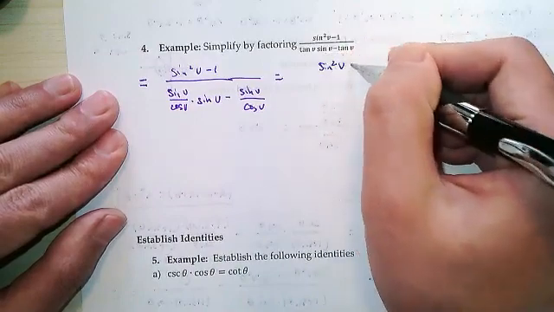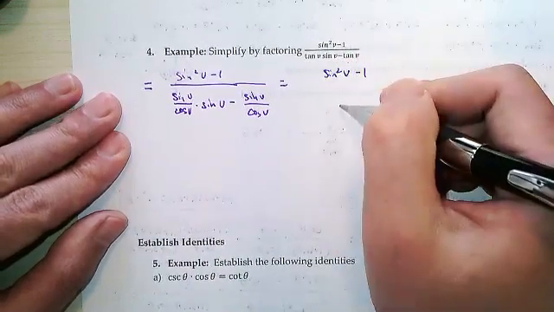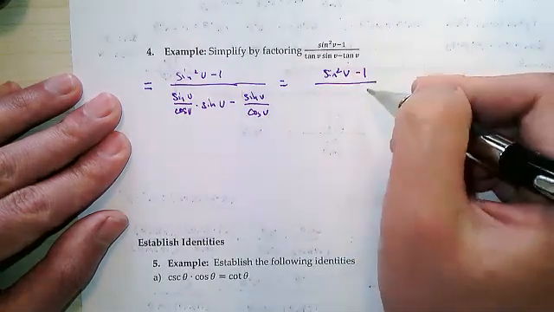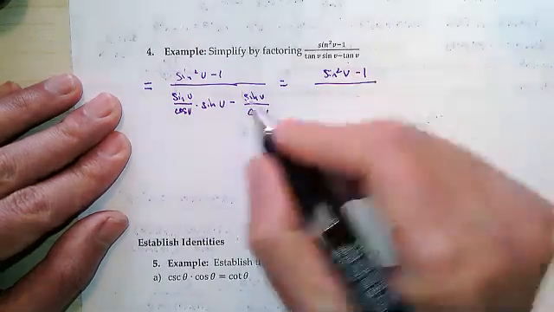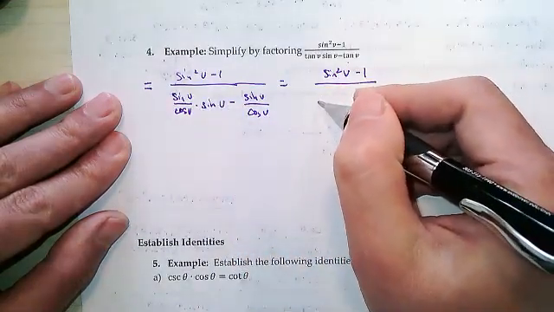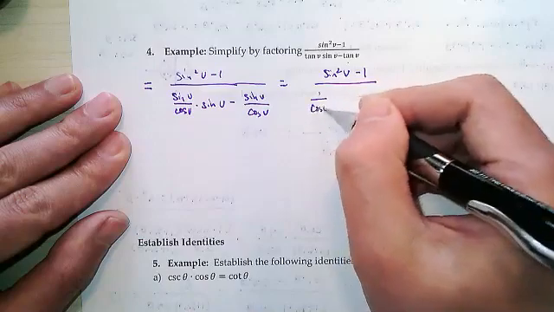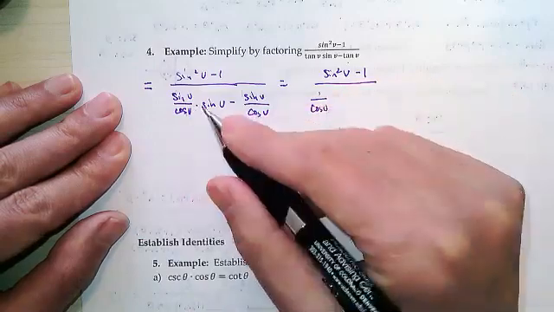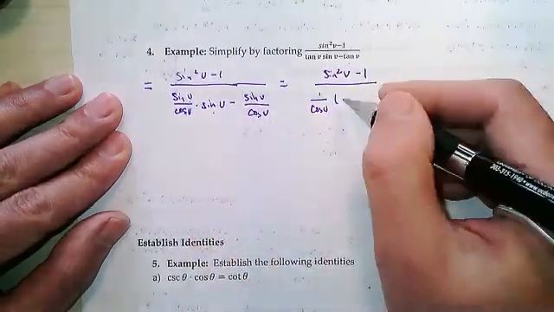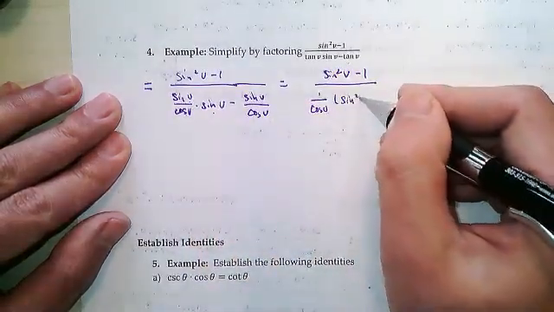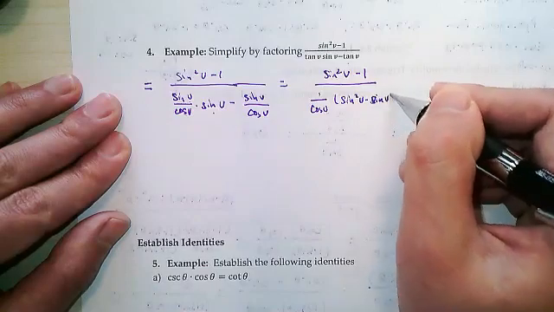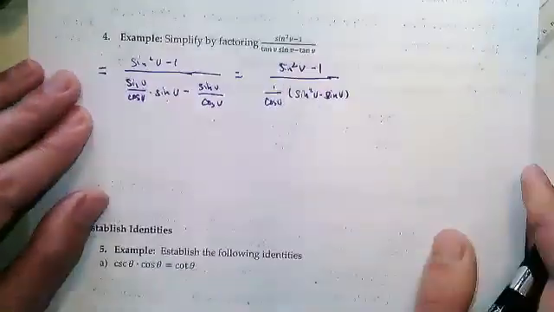Sine squared v minus 1 equal to, merge them together, what do you get? You get 1 over cosine. I factor out the cosine because each of them has cosine. Sine squared minus sine. That's it.